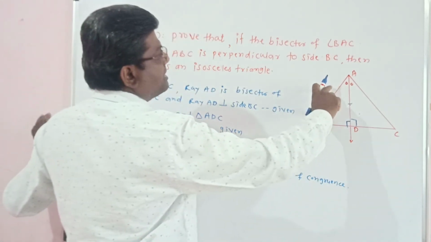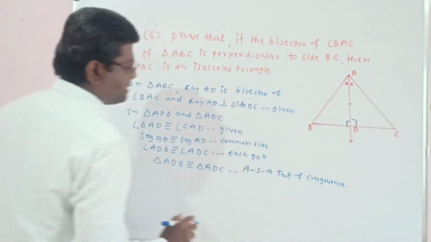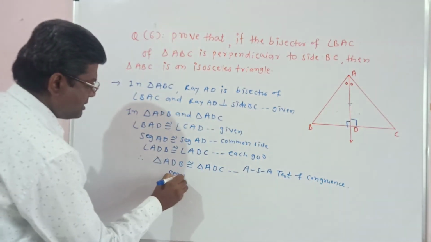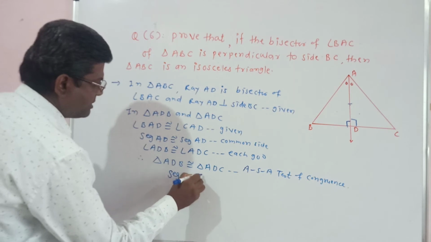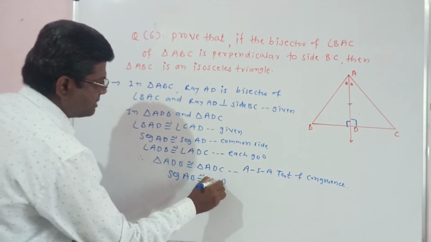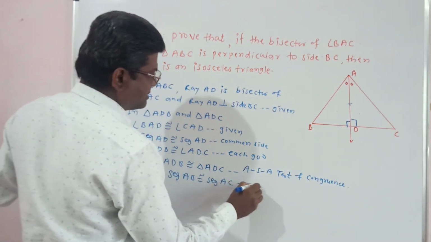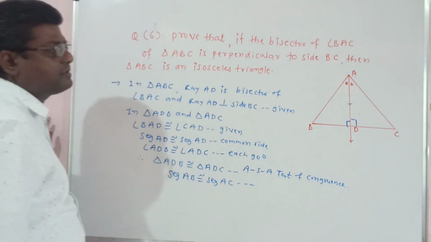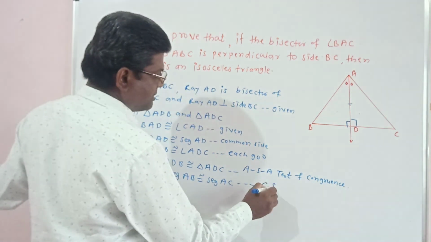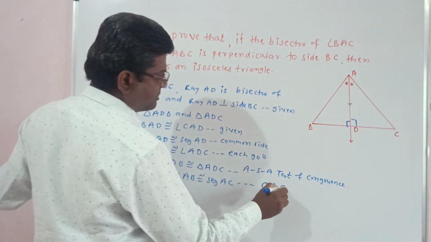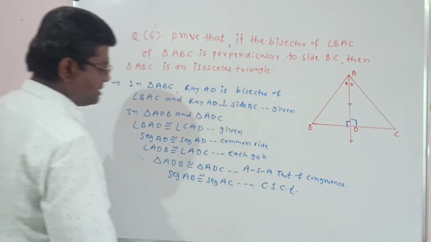Therefore, segment AB congruent segment AC. This is due to the corresponding sides of congruent triangles.